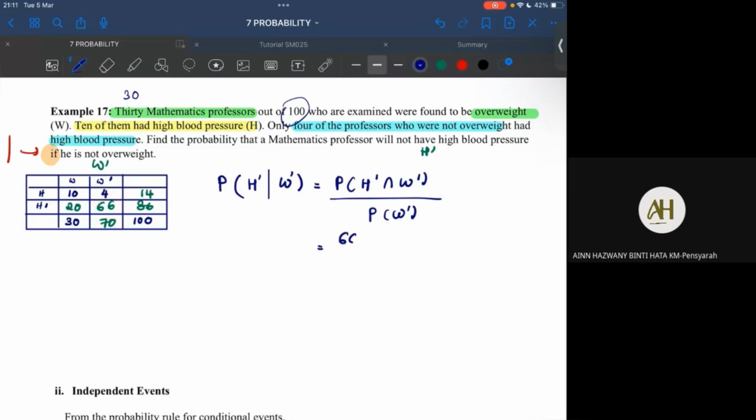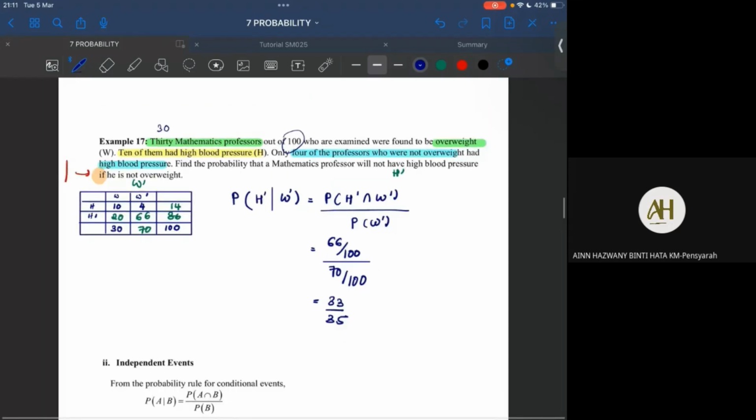Di situ probability so mesti kena over by 100. 66 over 100. So total not overweight, ini semualah 70. So 70 over 100. So we have 33 over 35. Okay. So that is how we use our conditional probability.